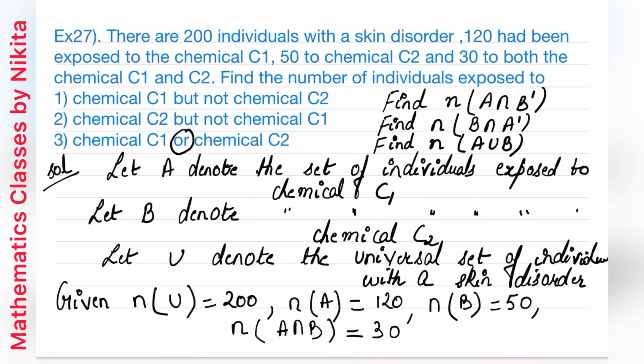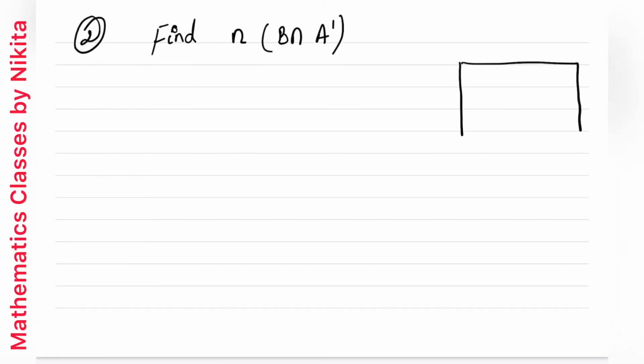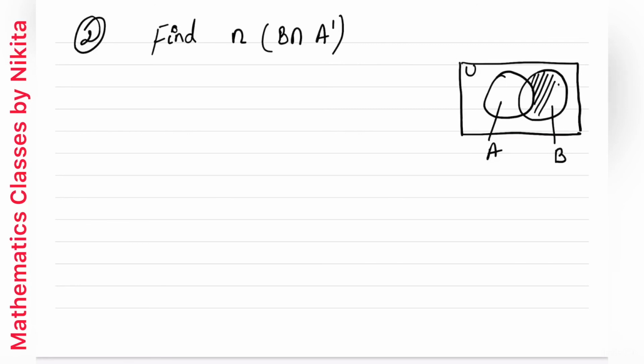Now in the next we have to find the number of elements in B intersection A complement. Again, first let us see from the Venn diagram what is B intersection A complement. This is A, this is B. Take the intersection of A complement with B. So you will get this.